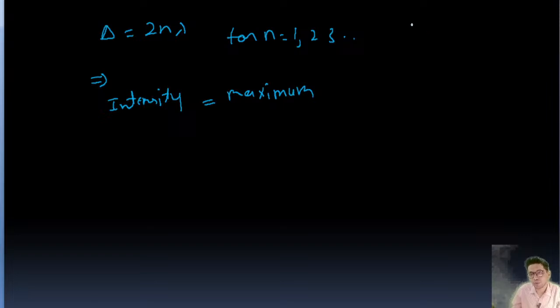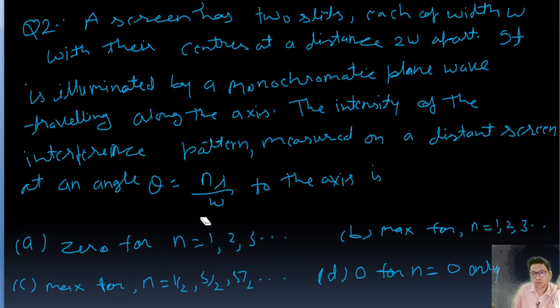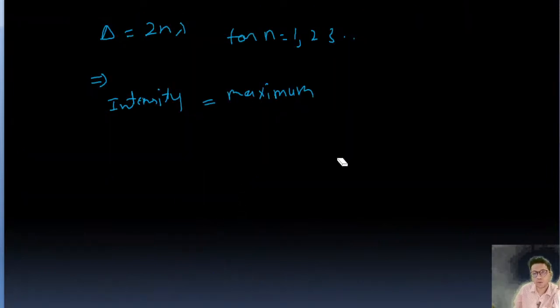We know that for constructive interference, or for maximum brightness of fringes, delta equals n lambda. This is in the form delta equal to 2n lambda, where n is 1, 2, 3, and so on. So the intensity is maximum, and at that point we get bright fringes.